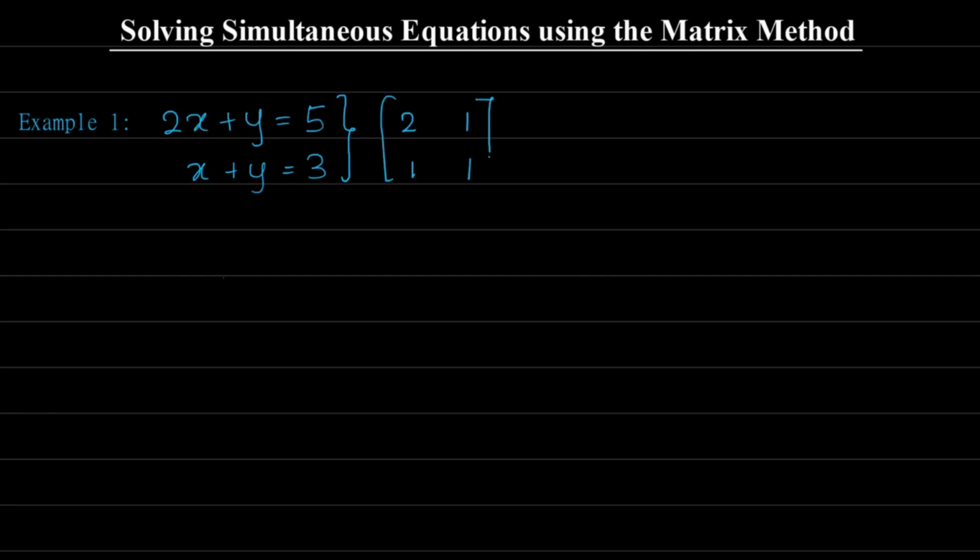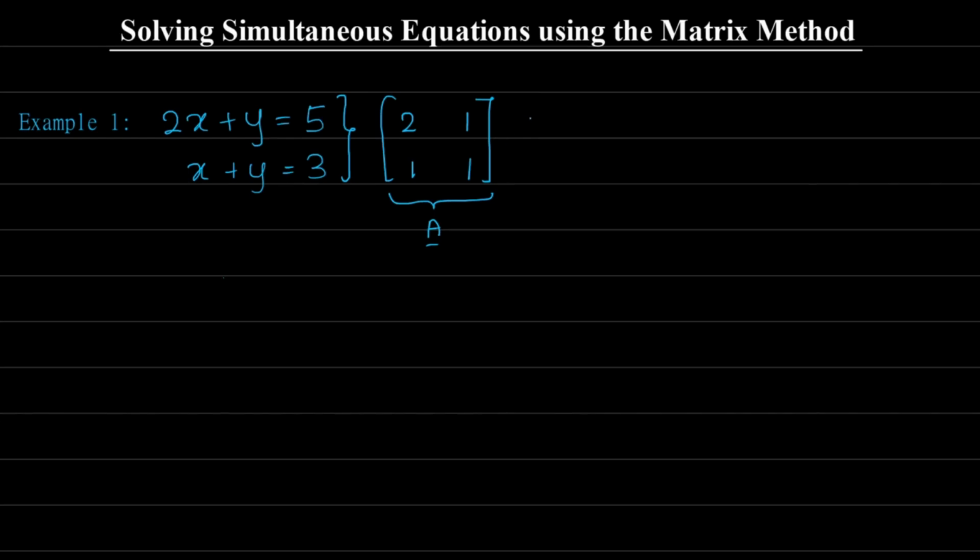And this matrix is going to be called matrix A. As you can see, you just get this matrix by inserting the coefficients of x and y in equations 1 and 2 in this exact pattern, 2, 1, 1, 1.